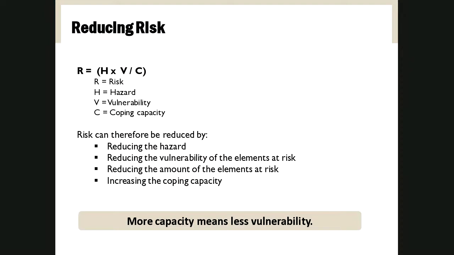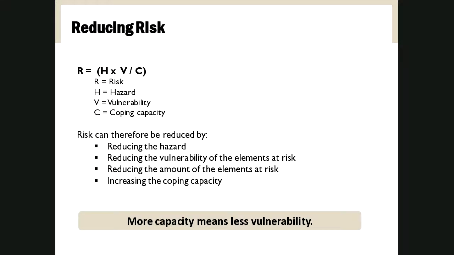So if you're good with mathematics and you want to reverse or to reduce the R, reduce the risk, you would reduce the hazard, for example. So if the hazard is smaller, and then you have the same vulnerability capacity, the risk will be also smaller.